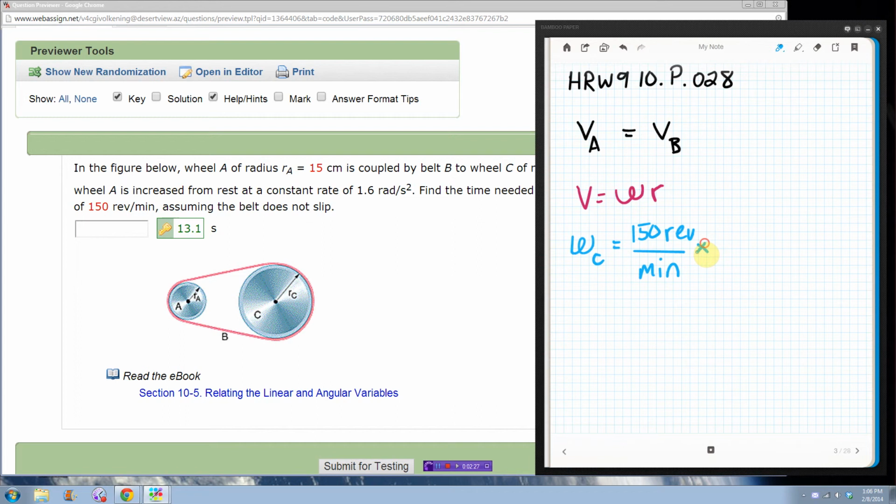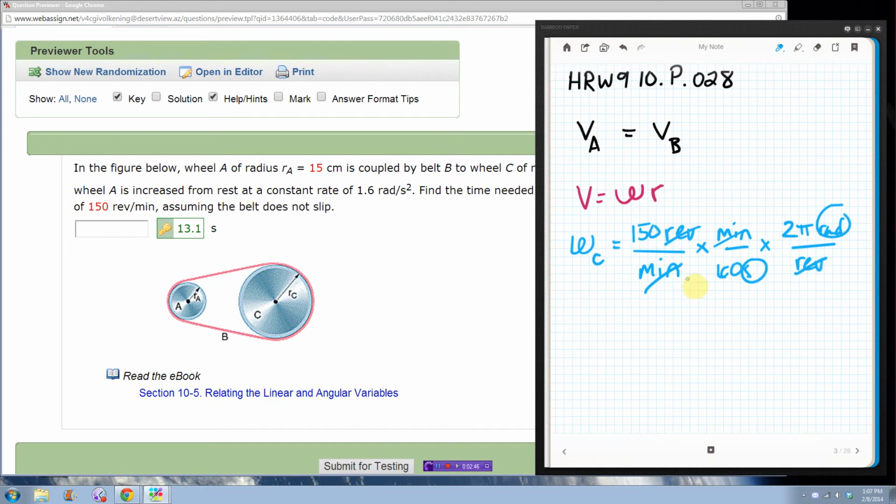Well, I don't want minutes, I want seconds, so in 1 minute I've got 60 seconds. And I don't want revolutions, I want radians, so I've got 2 pi radians per revolution. That will get rid of those, and I will have radians per second.